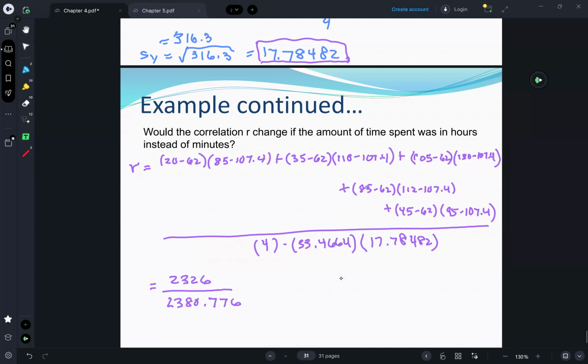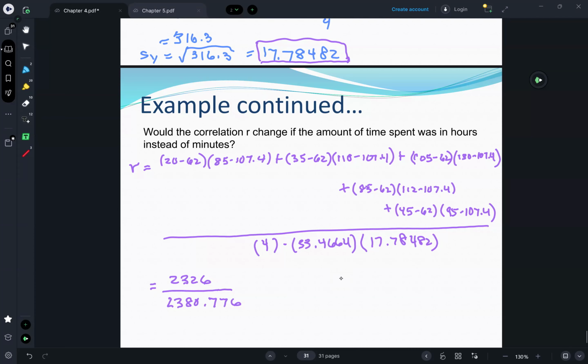So the numerator, if you do the numerator first, just multiply and then add, and then multiply and then add. So we're taking each pair, right? Each x, subtracting its mean, and each y and subtracting its mean, and multiplying them and then adding them together for the numerator. And then the denominator is n minus 1, which is 4, times the standard deviation of the x times the standard deviation of the y.